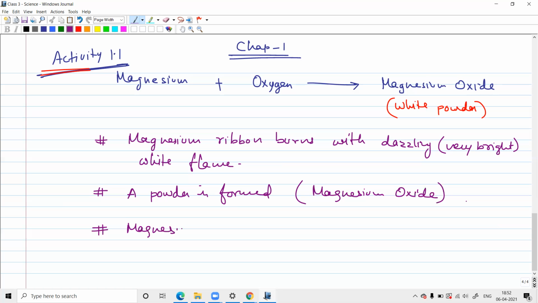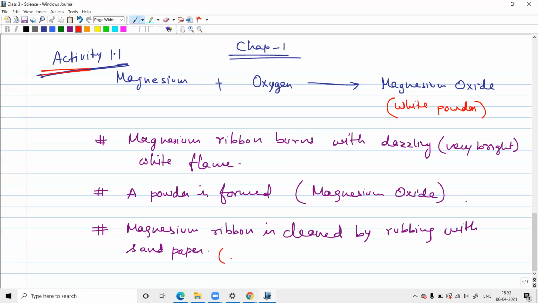Magnesium ribbon is cleaned by rubbing with sandpaper. Why is it done? No, it's not for preventing rusting. Don't confuse with that.